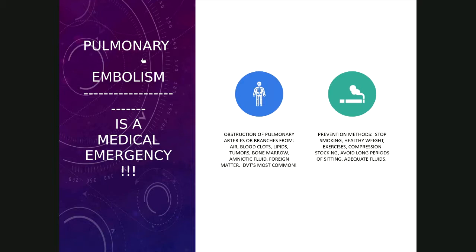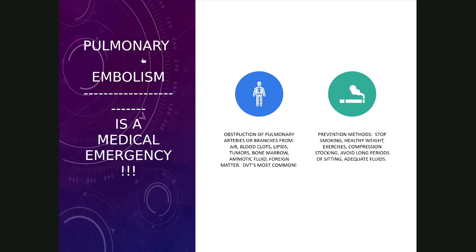Okay? So if you think about a blood clot, it's stopping flow of blood. It's that simple. And it could be any one of these objects that are doing it. It can happen in the brain, it can happen in the lungs, it can happen in the heart, it can happen in the legs, in the arms, anywhere in the body, okay?